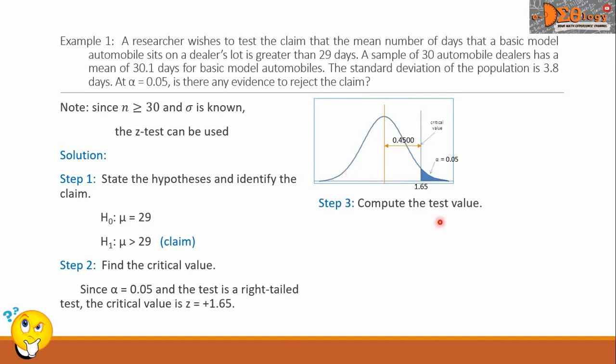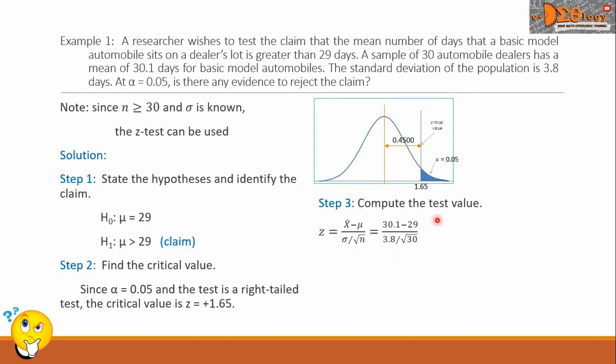Step 3 is to compute the test value. Our formula is here, z equals x bar minus mu all over sigma divided by the square root of n. Substituting the corresponding values, we have now 30.1 for the x bar, minus 29, that is the mu, all over sigma is the 3.8, divided by the square root of n, and our n is 30.